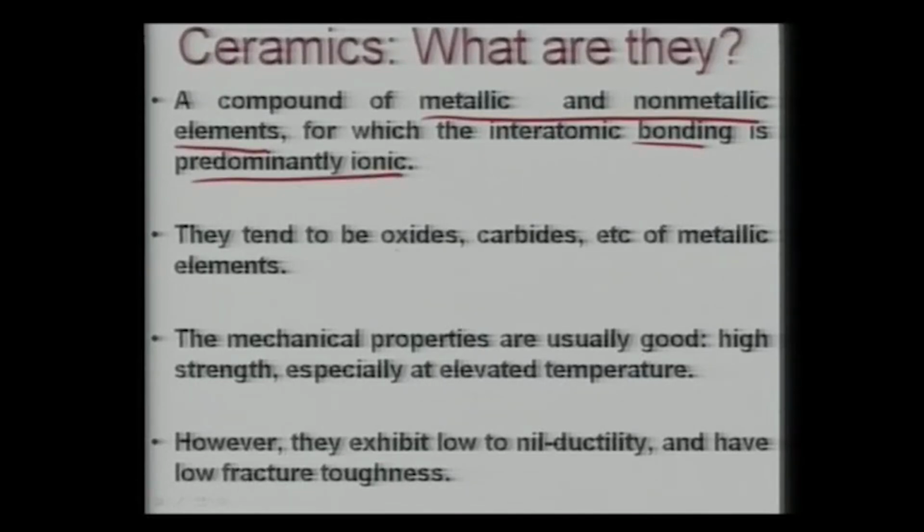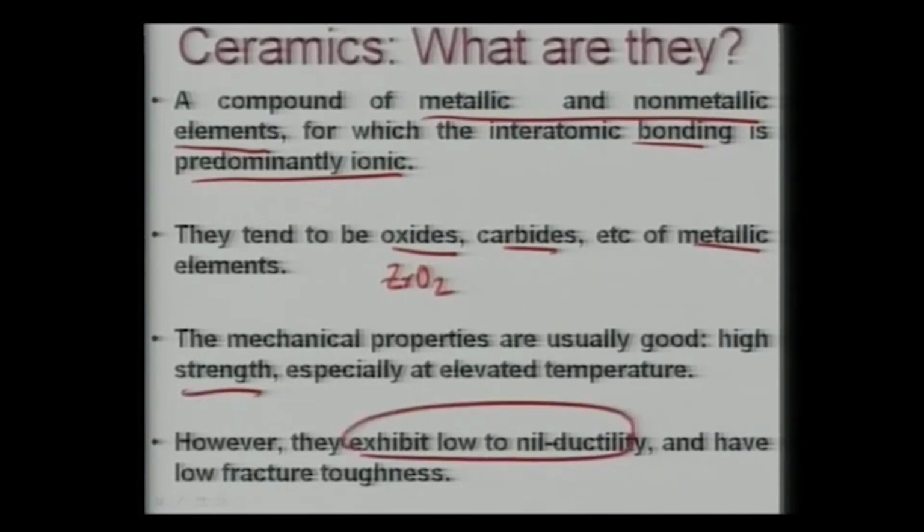They can be oxides or carbides of metallic elements, like zirconia or alumina, which are oxides. Mechanical properties are usually good, with high strength, however they exhibit very low ductility, and this is a concern for ceramic based materials.